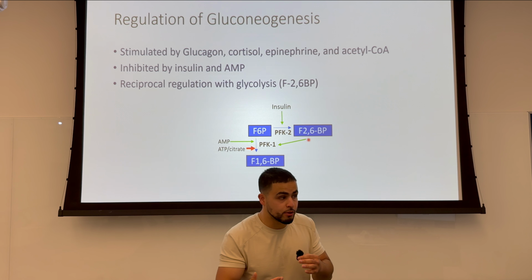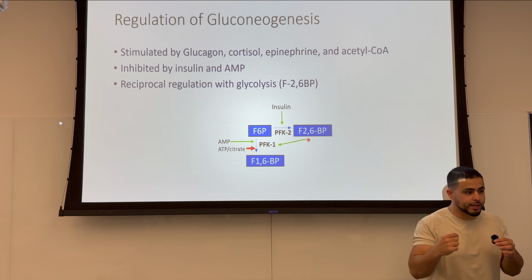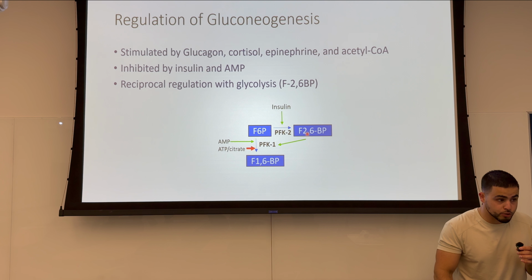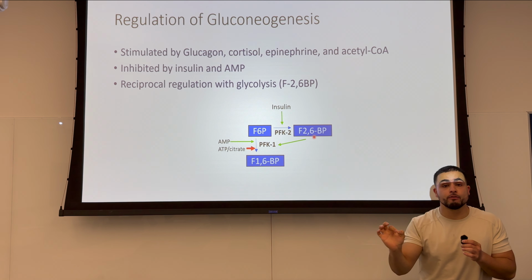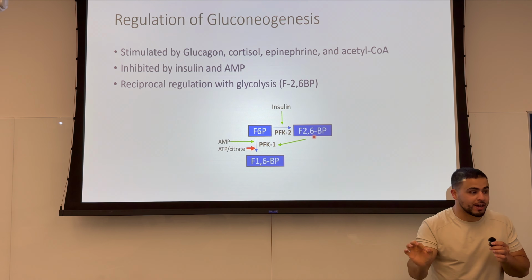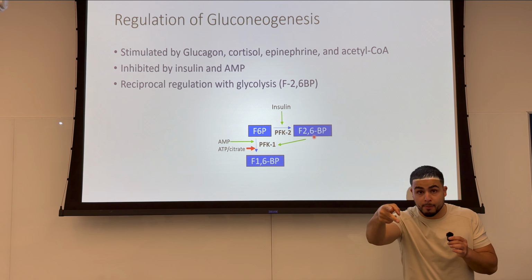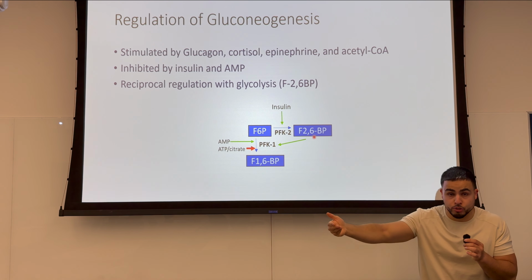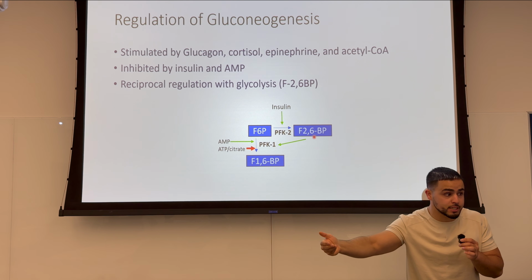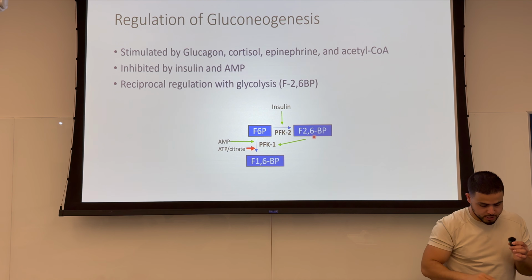That would be futile. So when fructose 2,6-bisphosphate is high, it's going to stimulate PFK1 and inhibit fructose 1,6-bisphosphatase, which is the enzyme accomplishing the opposite of that in gluconeogenesis. And when it's low, fructose 1,6-bisphosphatase can carry out its activity, and PFK1 will not.